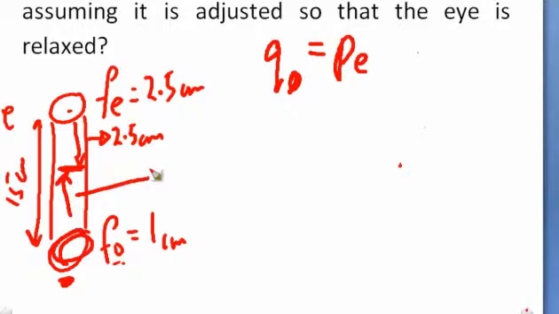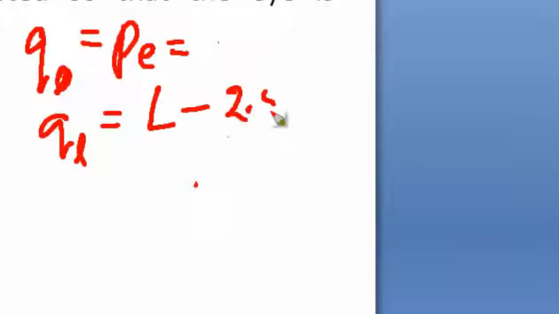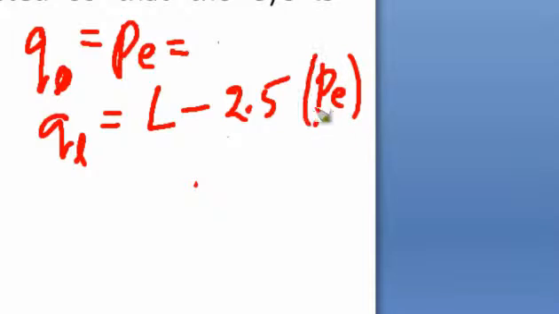We need to find that, and by looking at that, we can see that our QL, which is the image of the objective lens, is equal to the length of the tube minus the 2.5, or the distance of the object for the eyepiece.